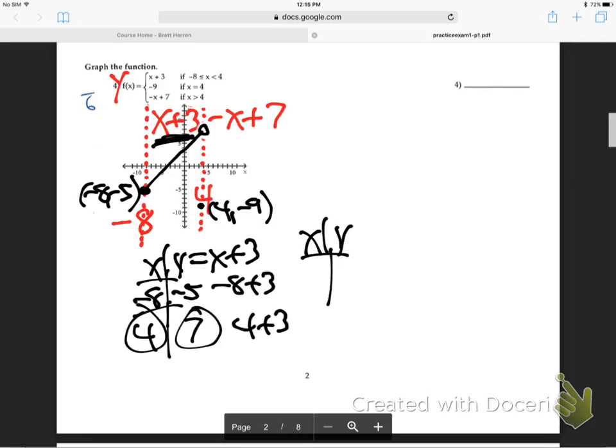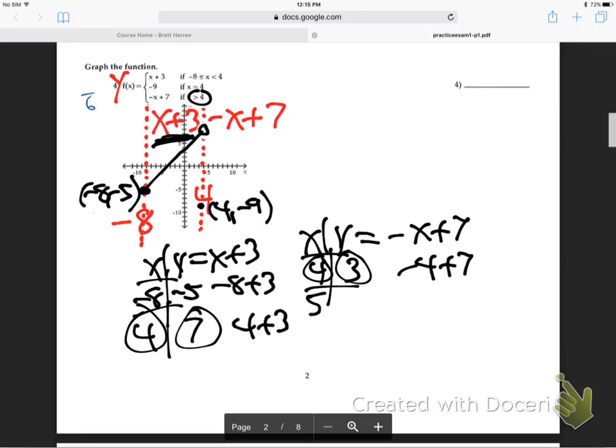Now what do we do over on the right side? Again, you got to plug in the wall, but circle it, because it says x greater than 4, but don't start at 5. Well, let's do 4 and 5 would be good. 4 and any other number would be fine. You just need 2 dots. So I'm going to do 4, but I'm going to circle 4. Plug into y equals negative x plus 7. It's 3. So over 4 up 3, it's about right there, open dot.